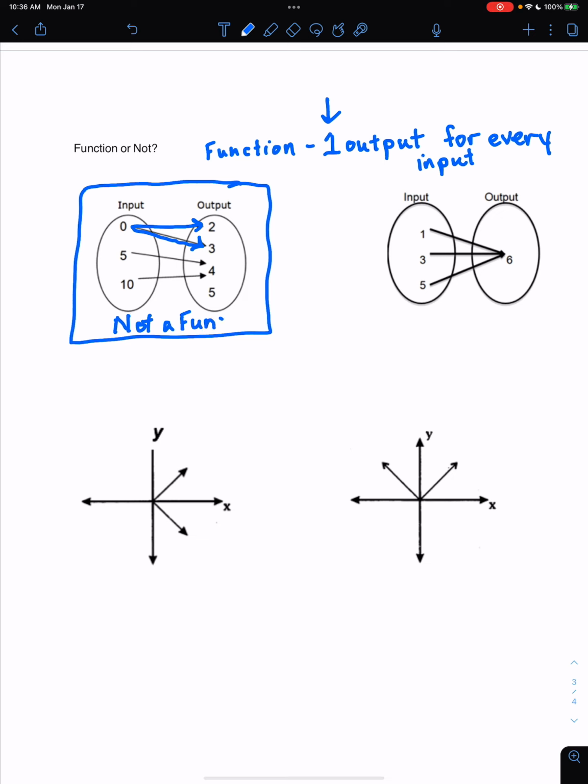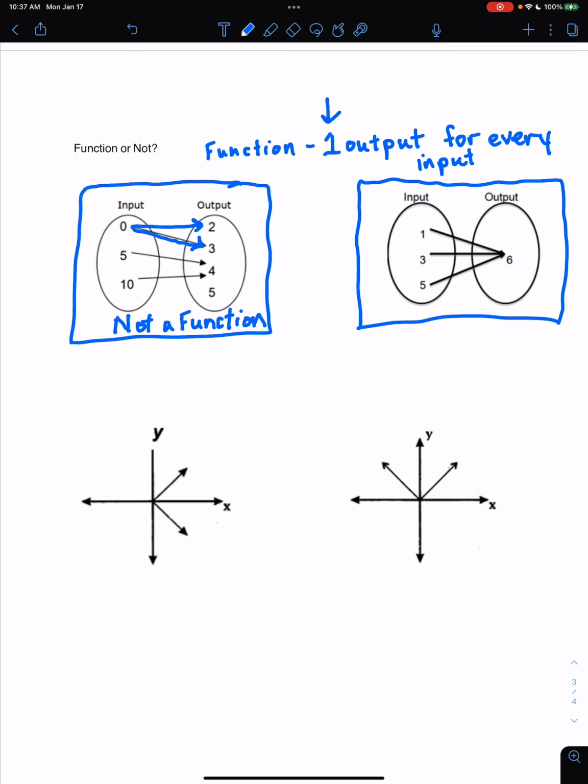So remember, we have to have only one output for every input. And because the 0 goes to two different outputs, not a function. Let's take a look at the diagram over here on the right side.